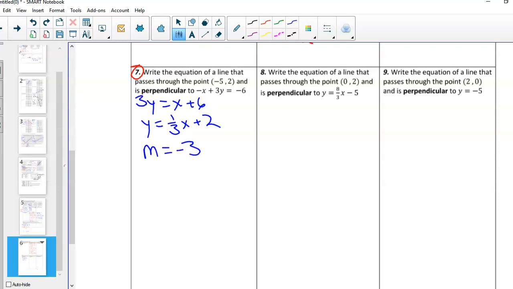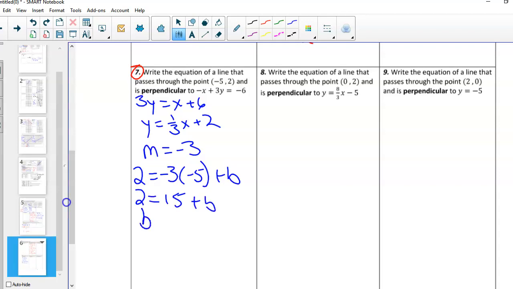So this is where a lot of mess ups happen on that test, because we weren't doing this piece. Now that we have our new slope and a point, we can now find b. 2 equals -3 times -5 plus b. -3 times -5, positive 15.